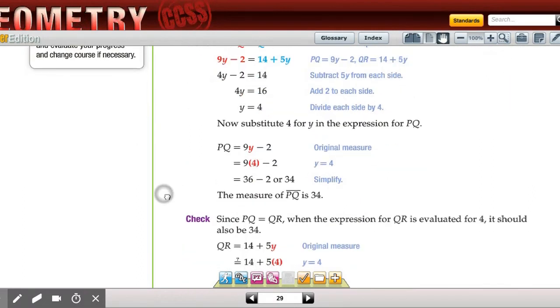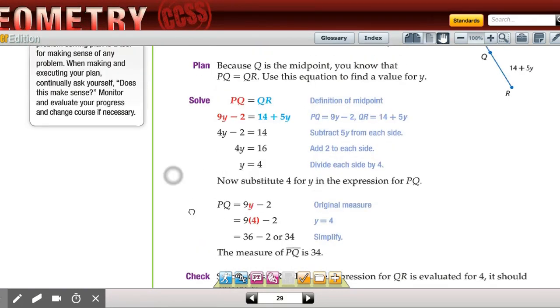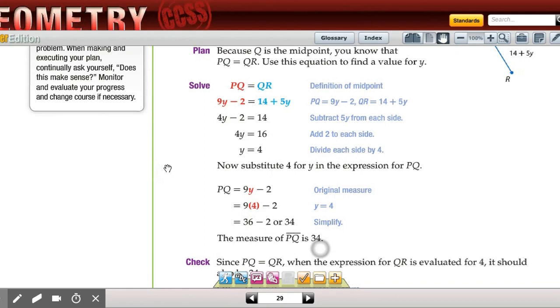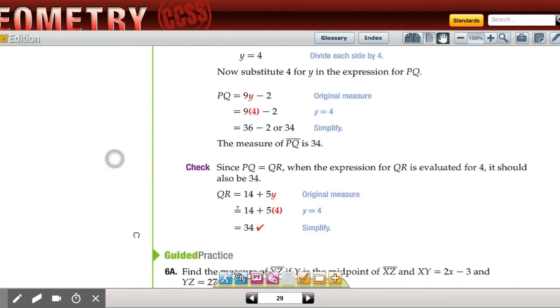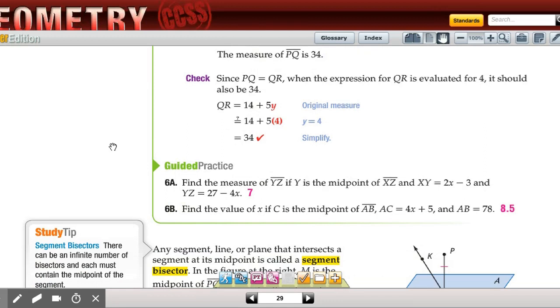No matter where you put it, you should get the same number, 34 for each part of that. So that's what they're going after.